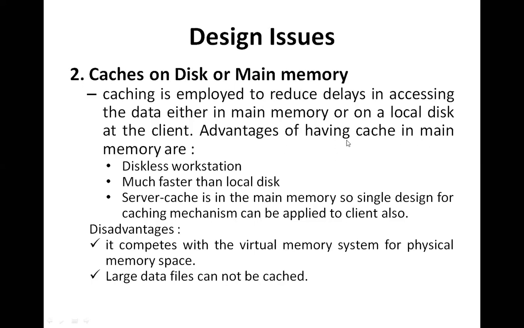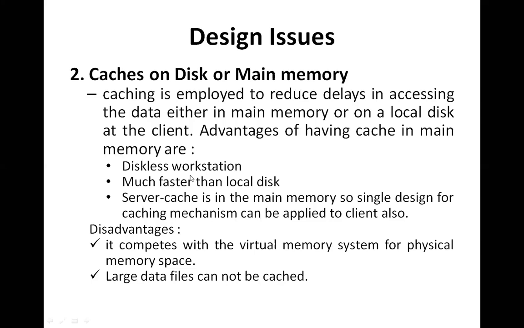If we are utilizing main memory as a cache, the first advantage is that in most cases we have diskless workstations. If the workstation on the client side is diskless, it gives the advantage of caching in the main memory.